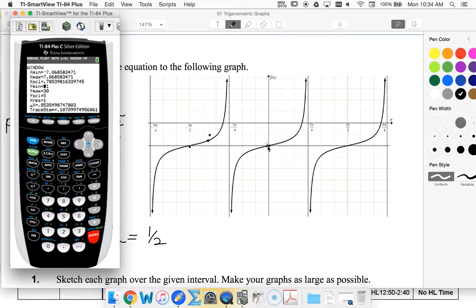And then our y values, it looks like we go up 1, 2, 3, up 4, and down 2, 4, 6, 8. So -8 up to 4, and we're counting by 1s. Let's look at our graph.